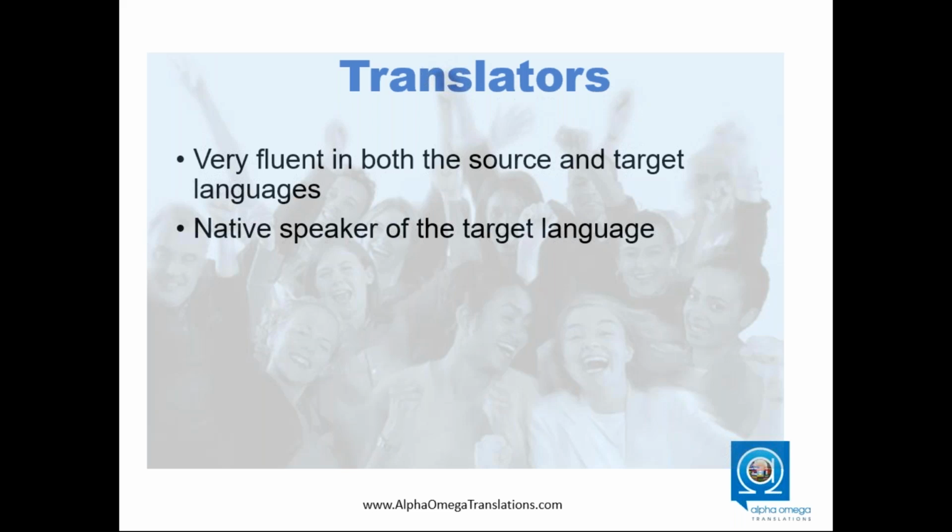Good translators are also typically excellent writers and editors in their native language. Sometimes they have issues in their second language with idioms and cultural nuances, unless they were raised in that culture.